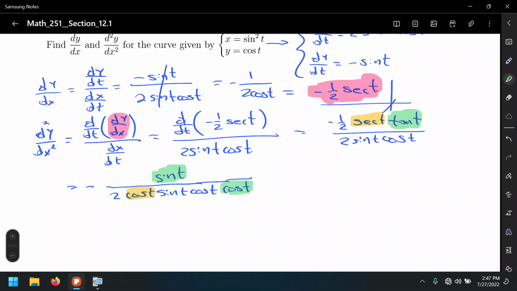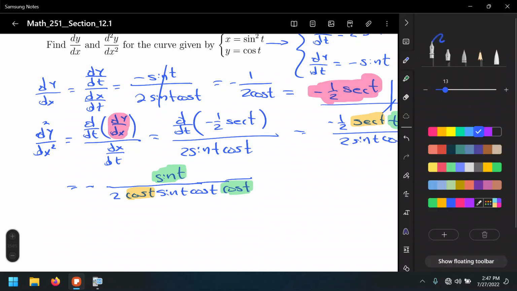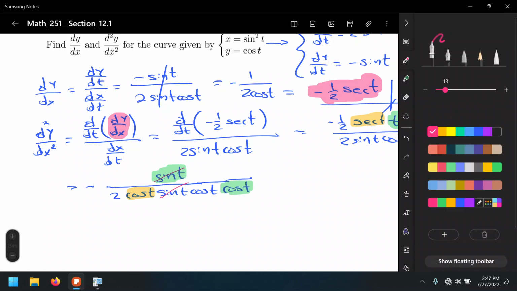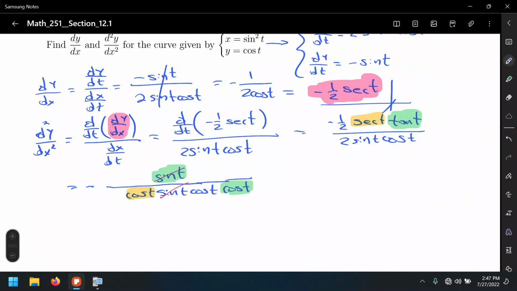All good? Well, the rest of the problem is just divide out any common factors, in particular these two sines, and we will be left with how many cosines? Yes, it should be over 4. That is true. Thank you. All right, that's 4.